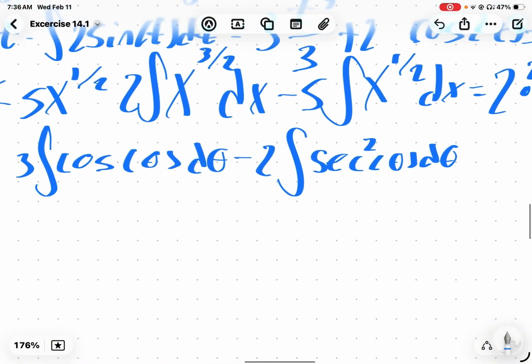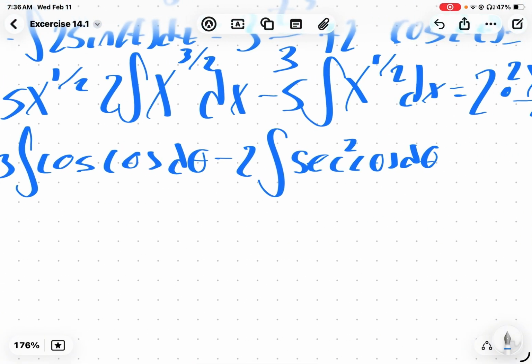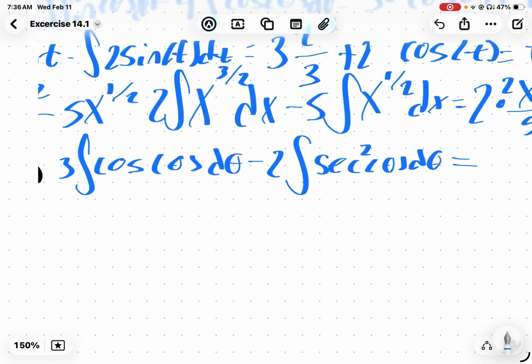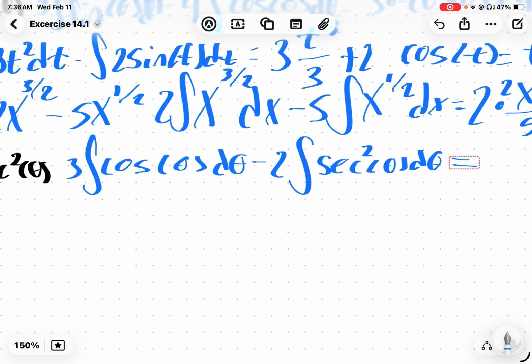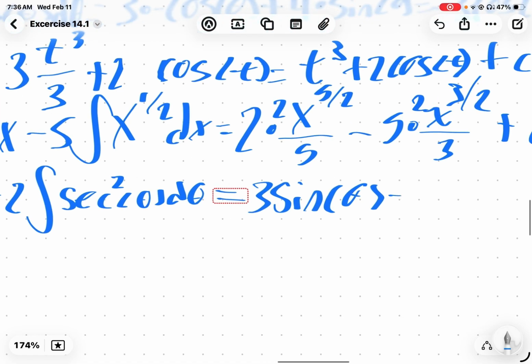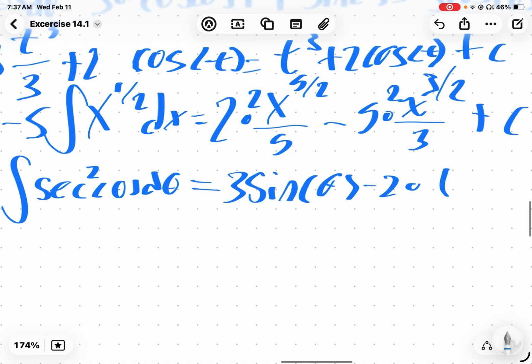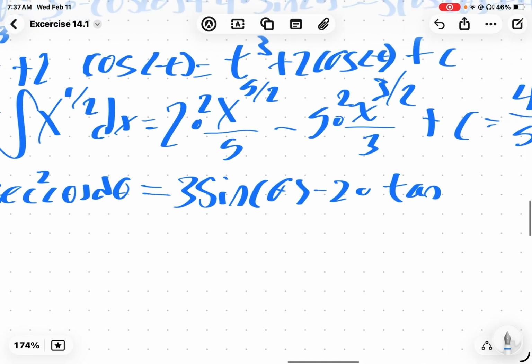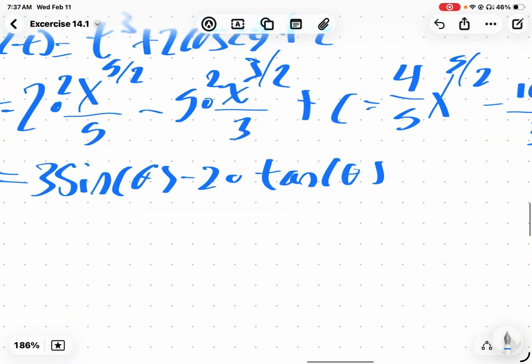So the integral of cosine would be sine, so we have 3 times sine of theta, and then minus 2 times the integral of secant squared, which I think is tan of theta. And we can't forget plus c.